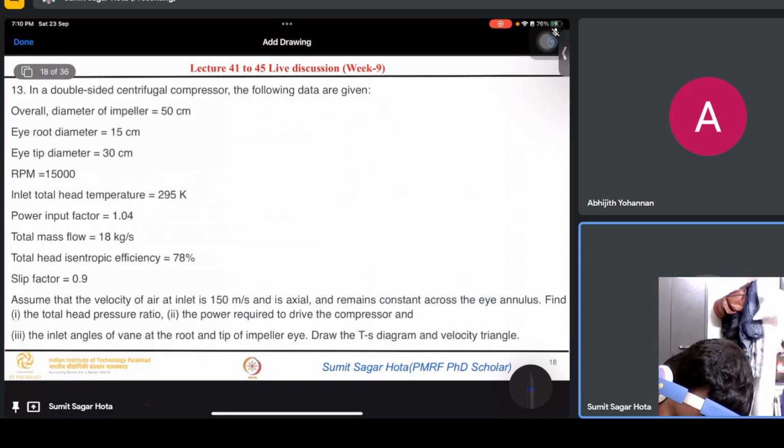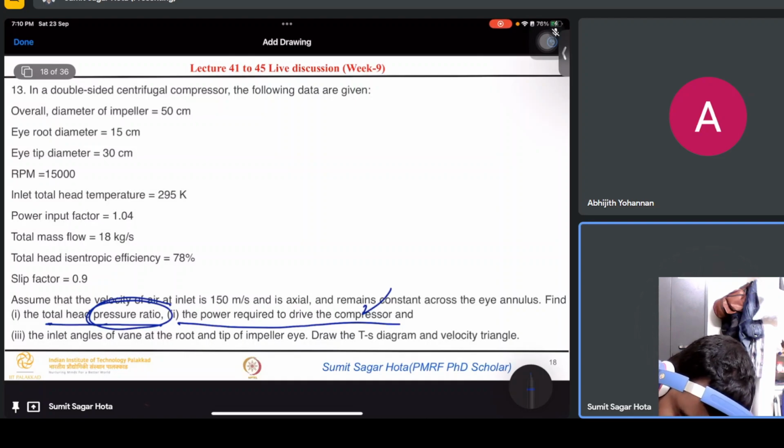We already found out the power required to drive the compressor. This is done. Now we are finding the total head pressure ratio. The TS diagram and the velocity triangle, everything is done. Then we go for the third bit.